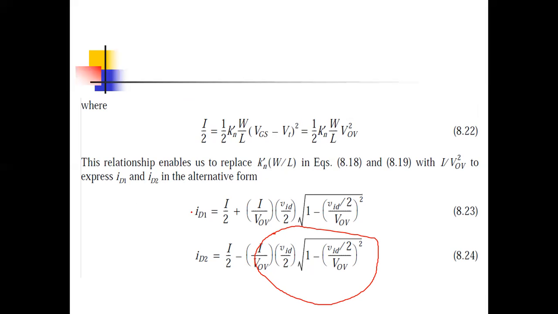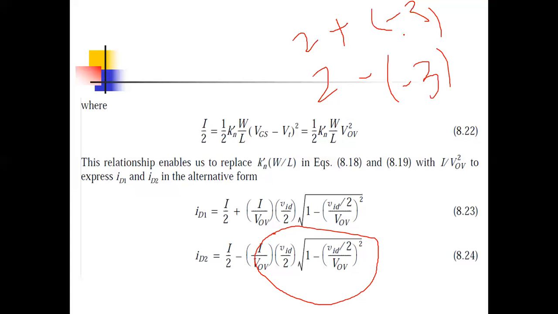Now next, when VID over VOV decreases, it goes to a minus sign, and minus of minus will be adding. Suppose this is 2, this is in plus and this is in minus. Now suppose this term is minus 3 and this is also minus 3.